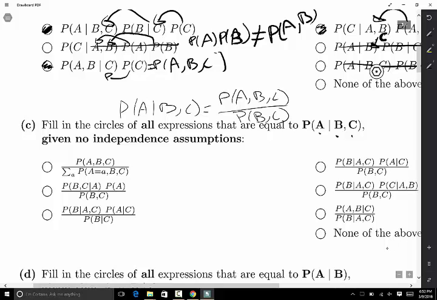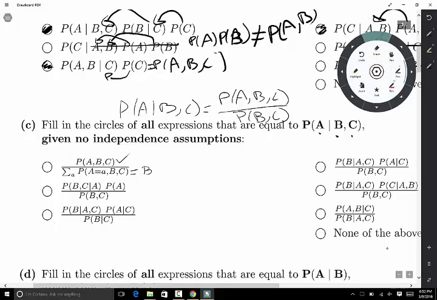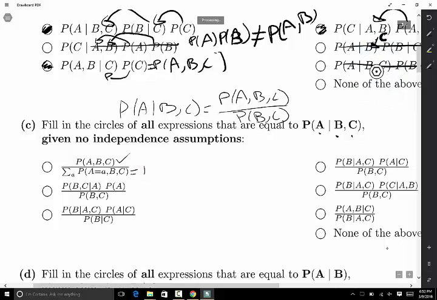In the first option, we have P of ABC on the top, that's good. And on the bottom, we're summing out A. So the bottom is equal to P of B and C. So this checks out.